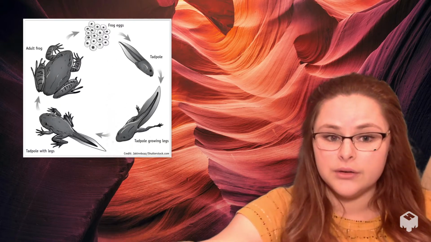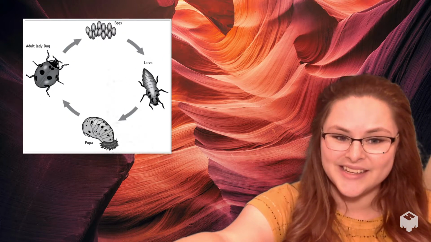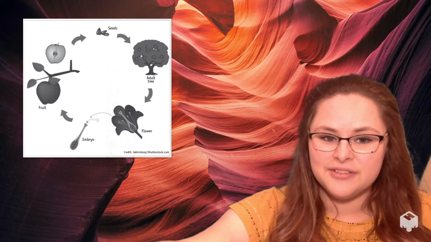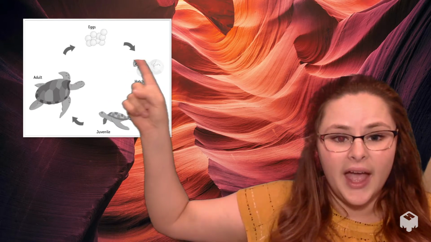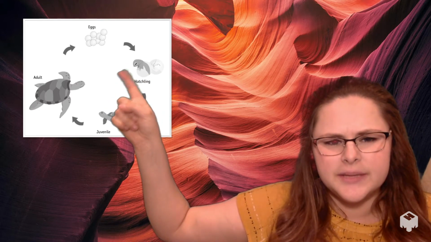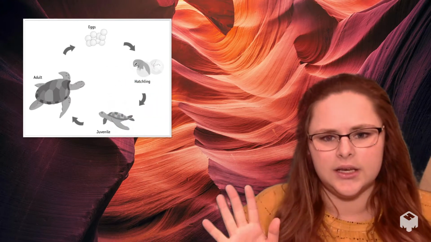I have quite a few examples that you might have seen when you were with Mrs. Preston. These are all different examples of a life cycle. You can see that many of them started off with eggs. So I want you to be thinking about those eggs and what that could possibly mean for our caterpillars.